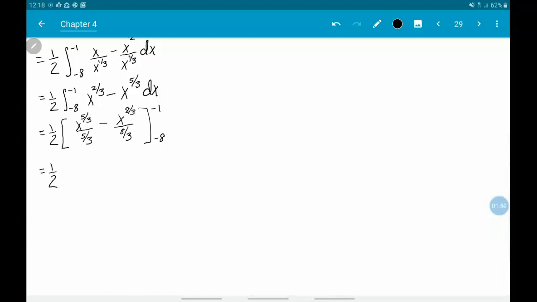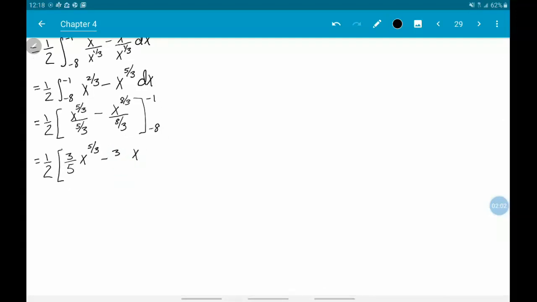So this can be rewritten as 3/5 x to the 5/3 and 3/8 x to the 8/3. And now we can substitute in those limits. So I'm going to use a double bracket here because our final answer needs to be multiplied by that 1/2.